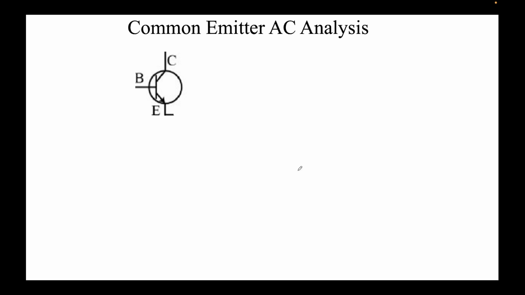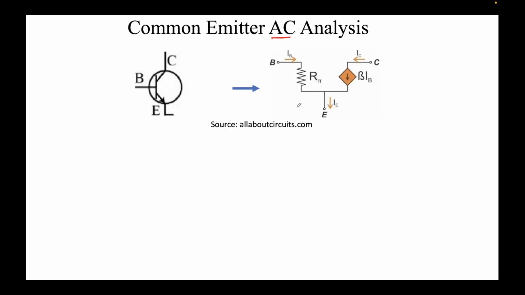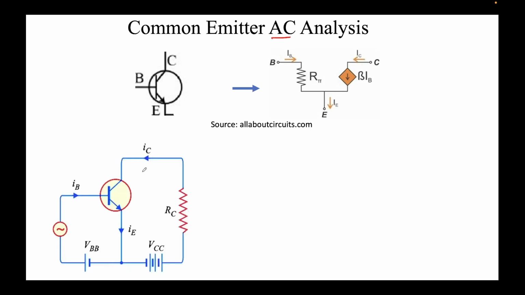Right, now come to the AC. Once we have biased this circuit, we want to analyze how it behaves when we apply a small signal, sometimes called the AC signal. This is the corresponding AC small signal model for this NPN BJT. This was the circuit that we saw two slides back. What I'll simply do is replace the BJT with this model.